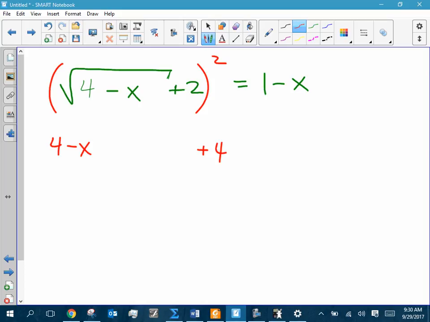But when I do the outsides and the insides, I take radical 4 minus x times 2 for the outside, and then my insides are those other two.